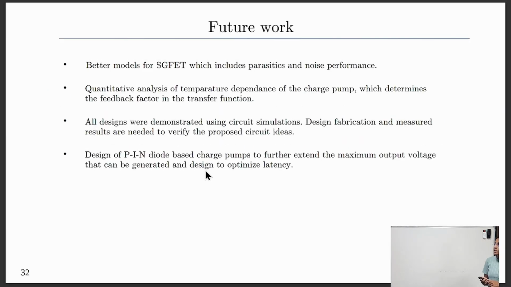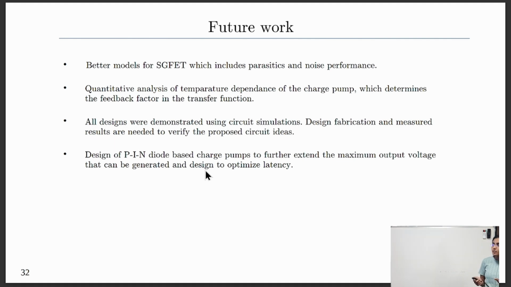Future work: the SGFET models which we have used, the lookup tables, don't include parasitics and noise performance of the SGFET. So better models which consider these should be used in simulation. Also, a quantitative analysis of the temperature dependence of the charge pump should be done.